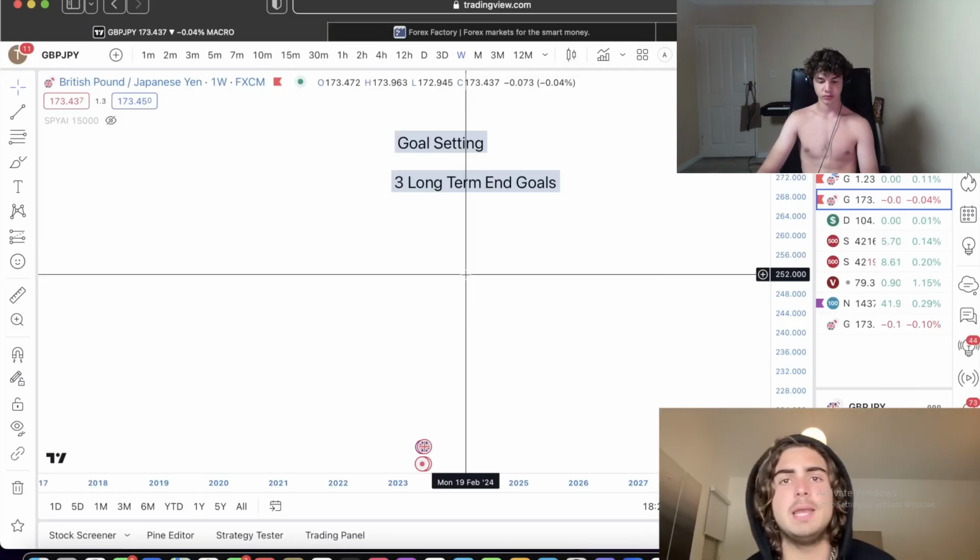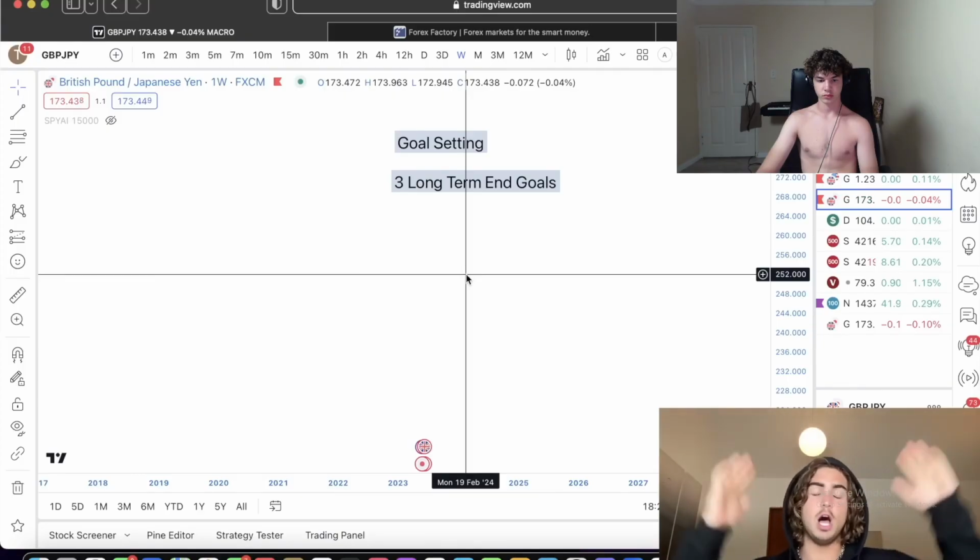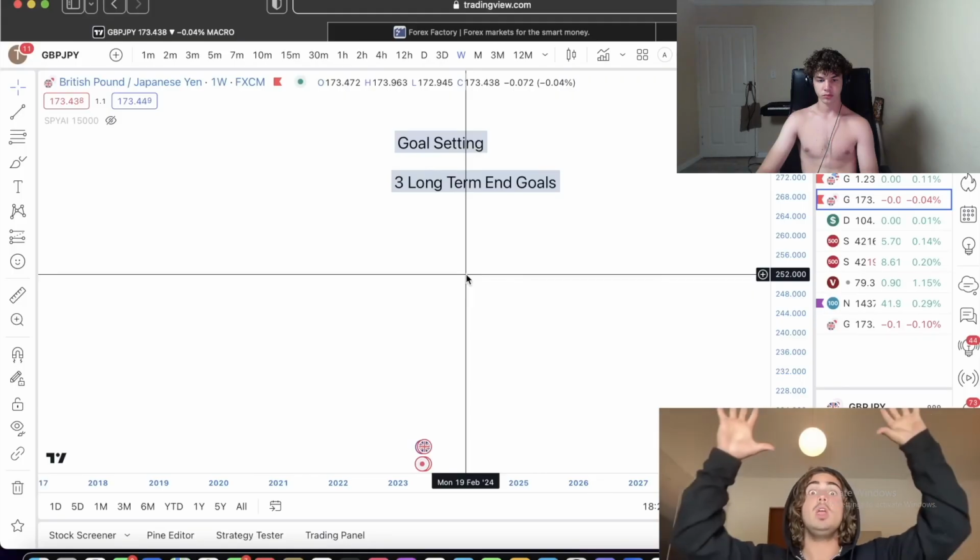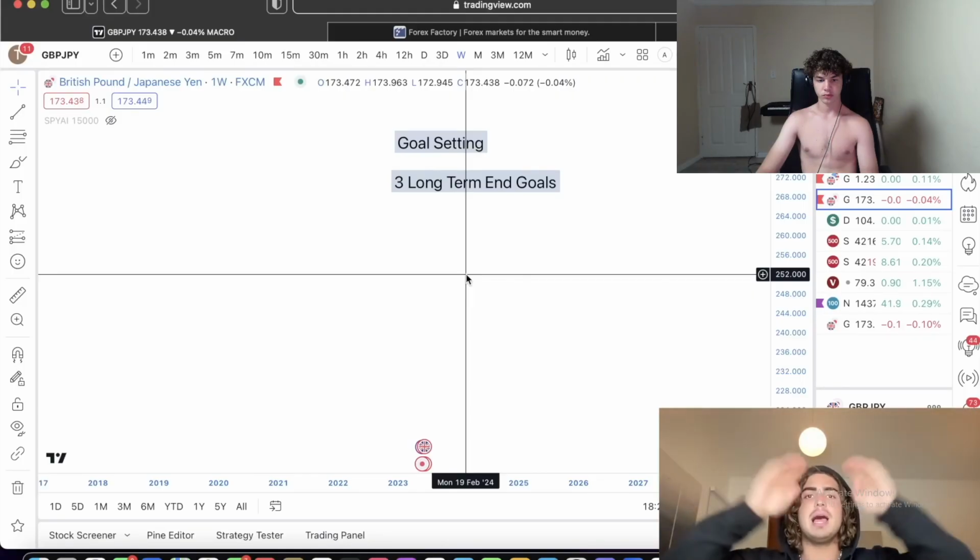So this can be something as simple as becoming a funded trader, right? That's kind of like a medium term goal. I want these to be long term, like 10 years down the line type of goals.